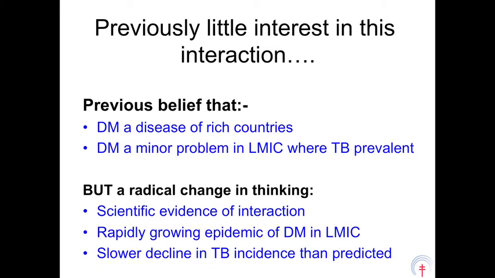But there's been a radical change in thinking. First of all, we have much better scientific evidence now of interaction, and I will come to that. Secondly, we have this rapidly growing epidemic of diabetes in low and middle-income countries, particularly amongst the urban poor, which is where TB flourishes. And then finally, we have this much slower decline in TB incidence than predicted by epidemiological modeling. Using the DOTS, the Stop TB approach, we should have seen a much greater fall in TB incidence than we have actually seen.